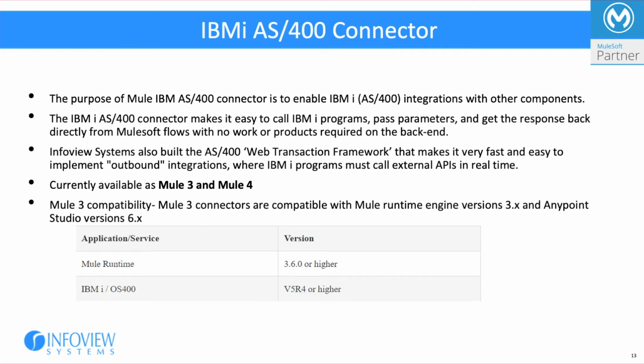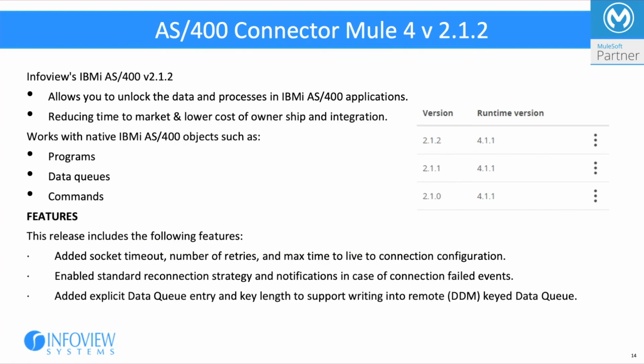A lot of our customers have already updated their Mule 3 integrations to Mule 4, and they are using our Mule 4 connector. You can visit MuleSoft Exchange and find release notes and different documentation for our connector and the features available. In Mule 4 we now have 3 releases: 2.1.0, 2.1.1 and 2.1.2. The latest one we released a few weeks back.